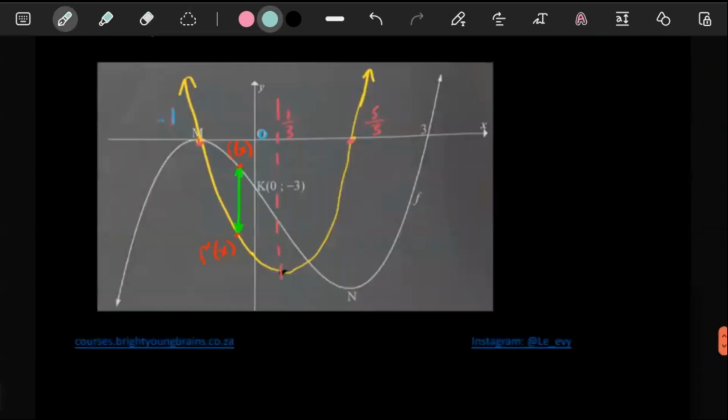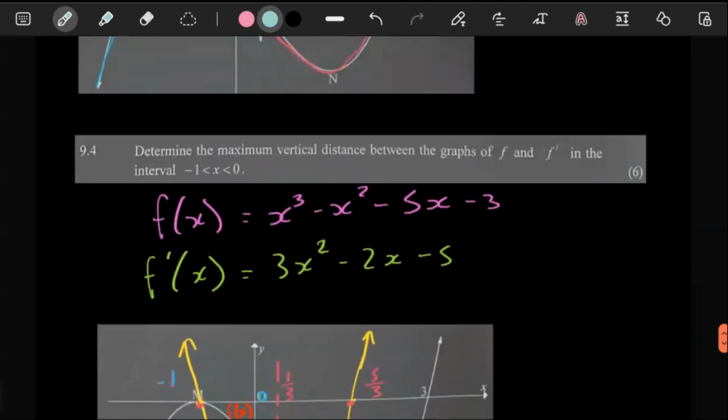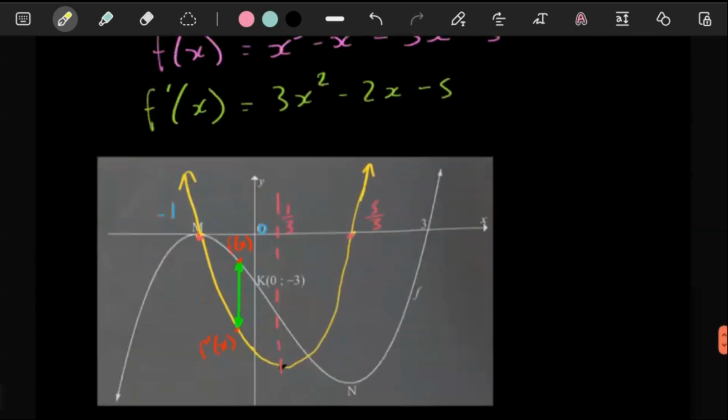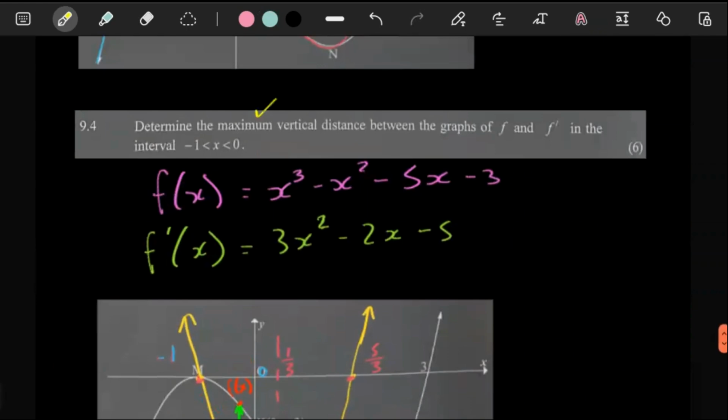The fortunate thing is, if you want the maximum distance, you need to take this distance equation and differentiate it, and make it equal to 0, to find an x value that causes maximum distance. In this distance equation, we need a specific x value that we can throw in to get the maximum distance.